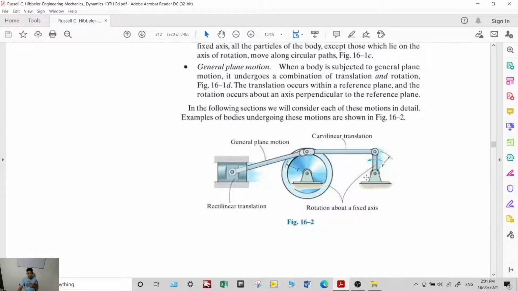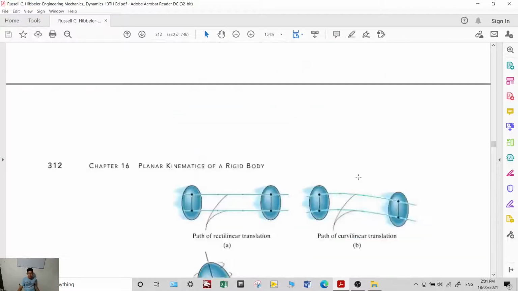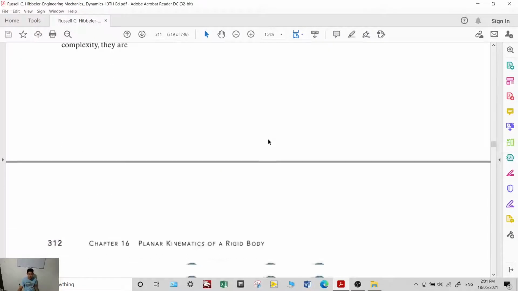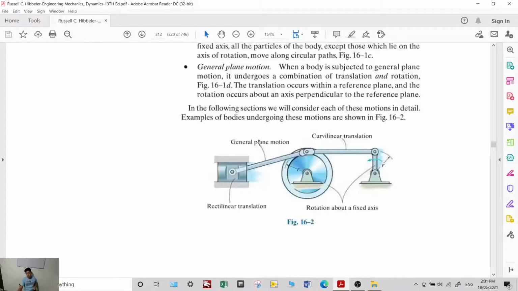Okay, so these topics are very useful in the design of gears, cams, and mechanisms used in many mechanical operations. One example is this one. This is a part of a machine, and this is a 4-bar mechanism that consists of a piston and cylinder, and this is a flywheel.